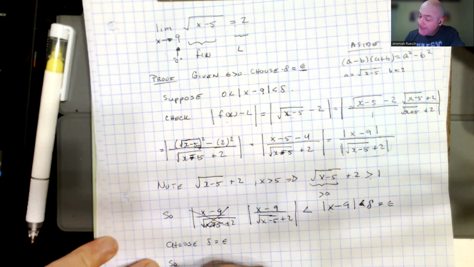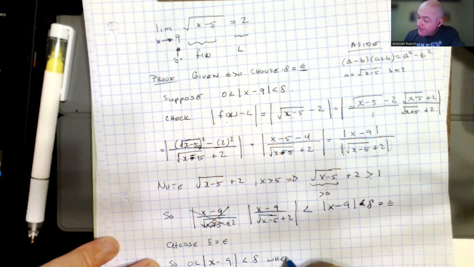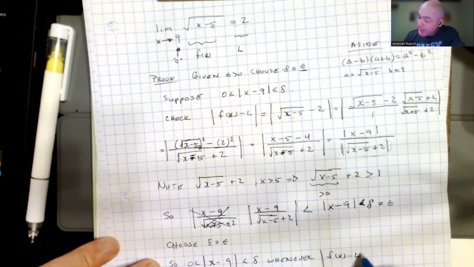So just rewriting it to confirm that 0 less than the absolute value of x minus 9 is less than delta whenever the absolute value of f of x minus L is less than epsilon.